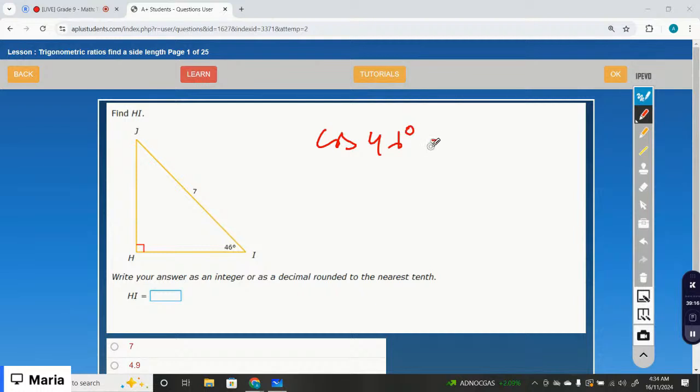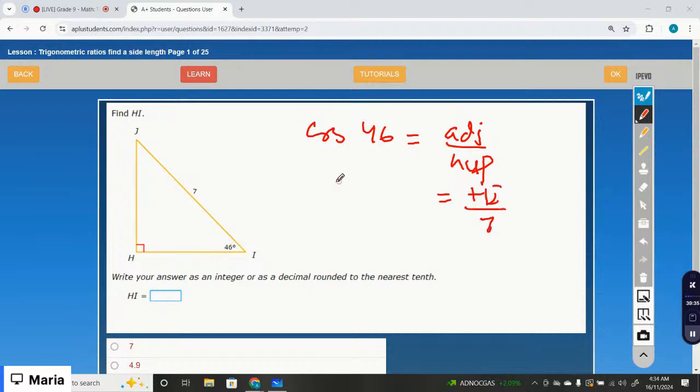Cos 46 is adjacent divided by hypotenuse. So adjacent is HI, hypotenuse is 7. So HI equals 7 times cos 46.